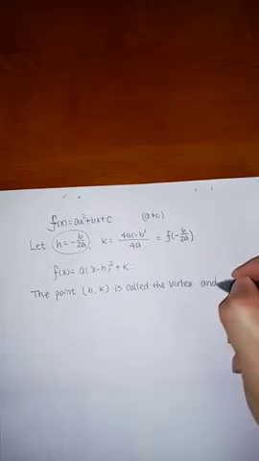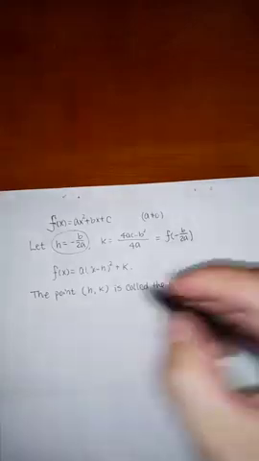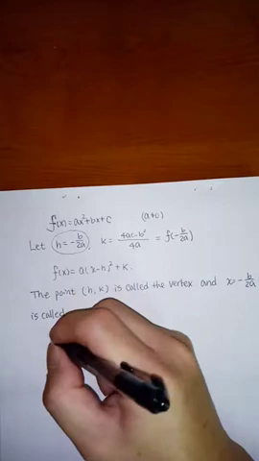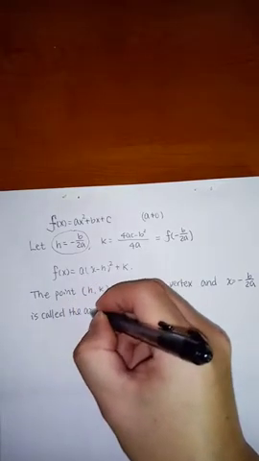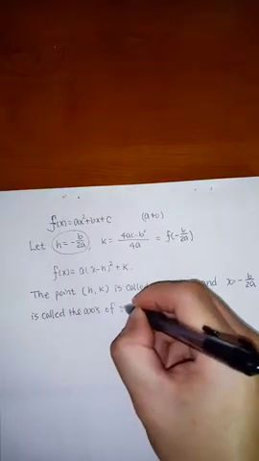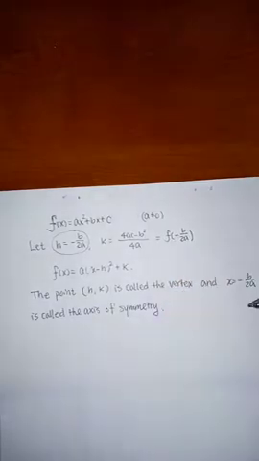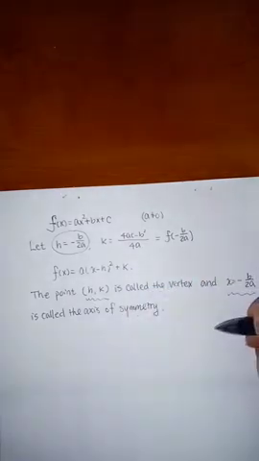And the line x equal to h is called the axis of symmetry. Okay, so vertex is a point, axis of symmetry is a vertical line.